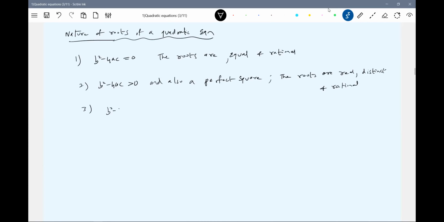If b square minus 4ac is greater than 0 and not a perfect square, the roots are distinct and irrational.